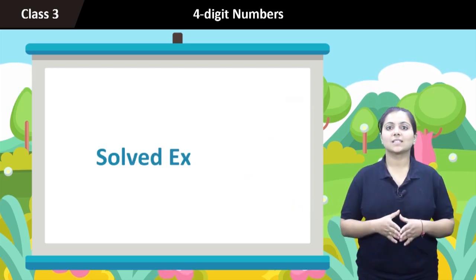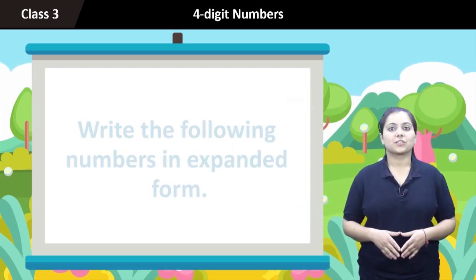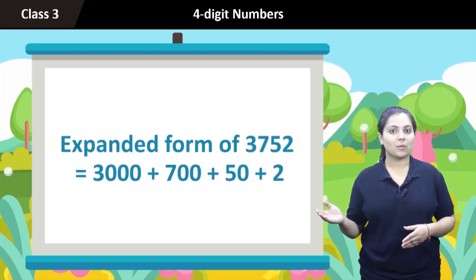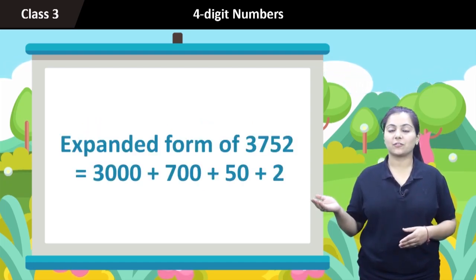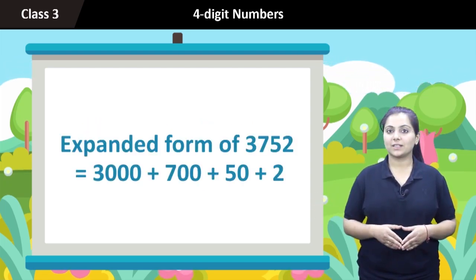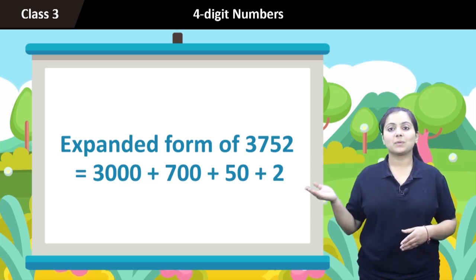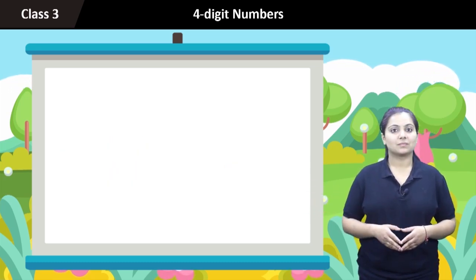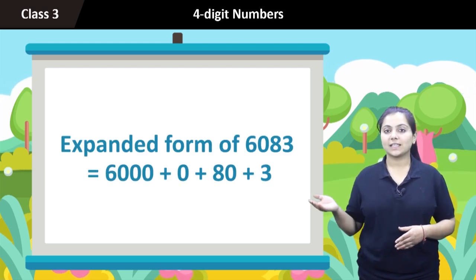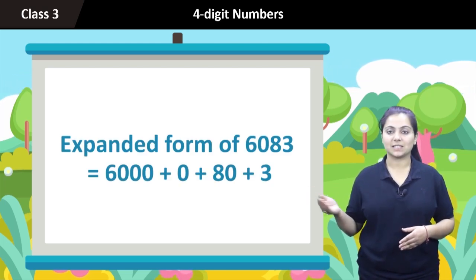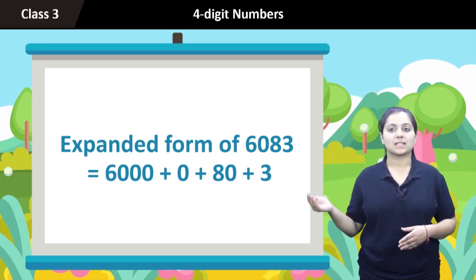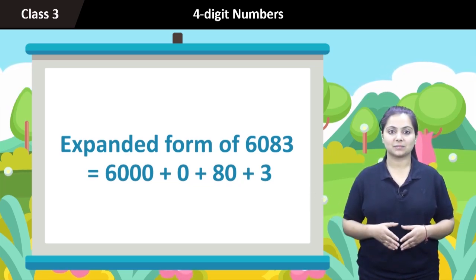Solved examples. Write the following numbers in expanded form. Expanded form of 3752 is equal to 3000 plus 700 plus 50 plus 2. Expanded form of 6083 is equal to 6000 plus 0 plus 80 plus 3.